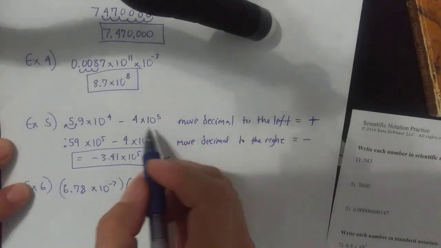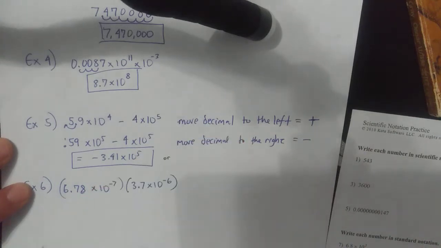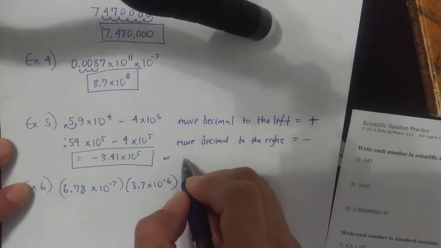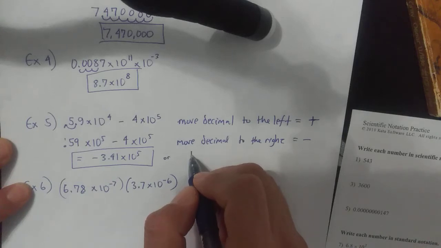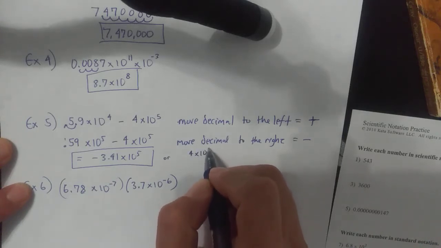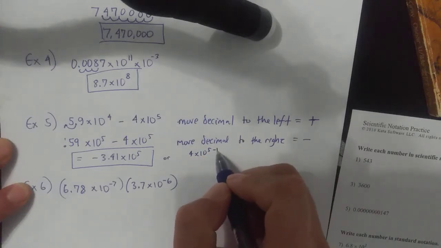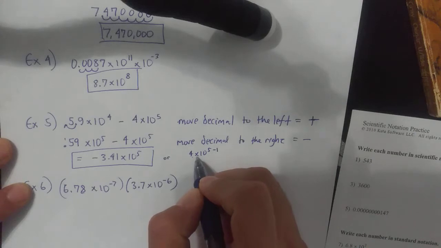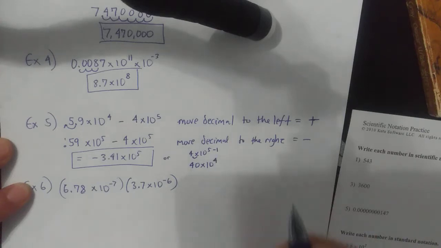So if I want to make this a 4, I want to subtract 1. So I'm going to move the decimal to the right once. So I'm going to get 40, right? So 4 times 10 to the fifth, and I want to make the exponent a 4, so I want to subtract 1. So I'm going to move the decimal to the right one time. So that means I get 40 times 10 to the 4.